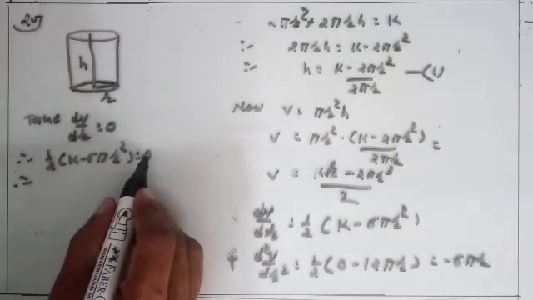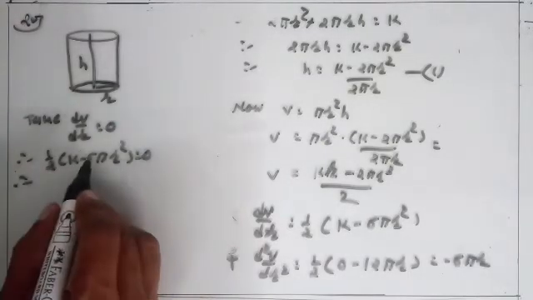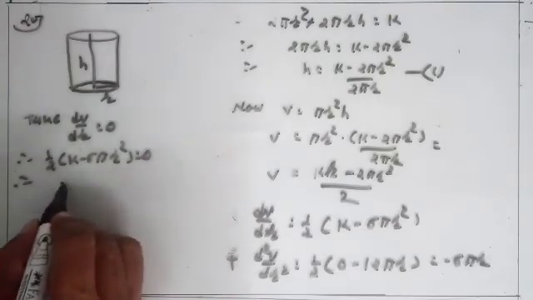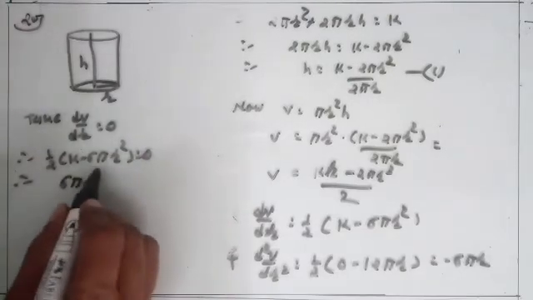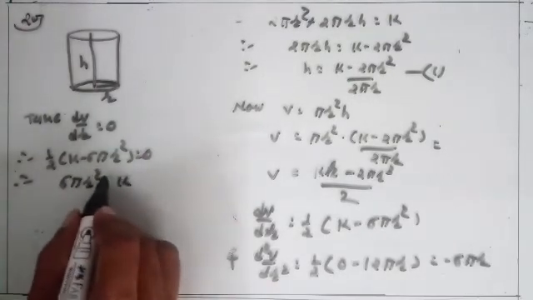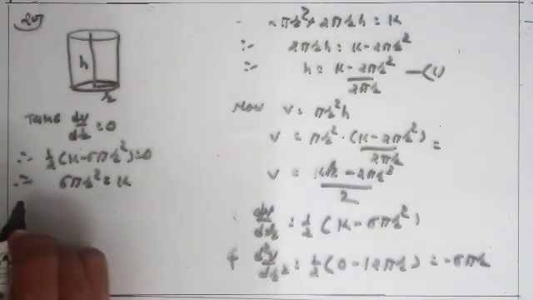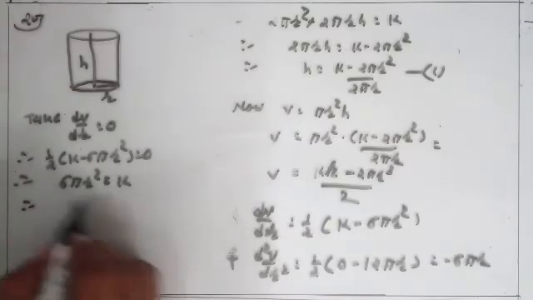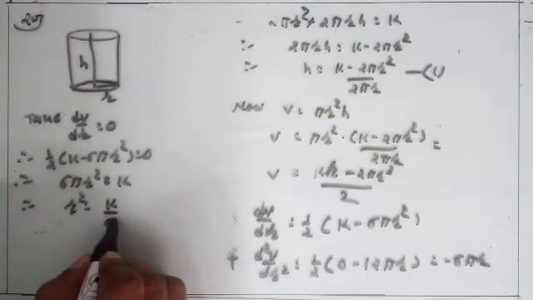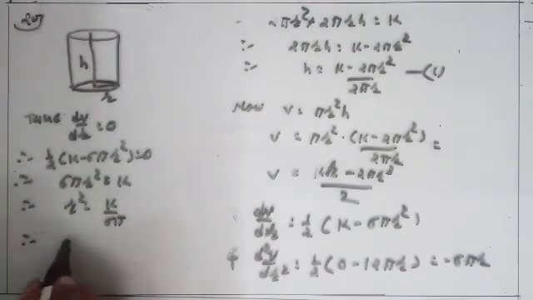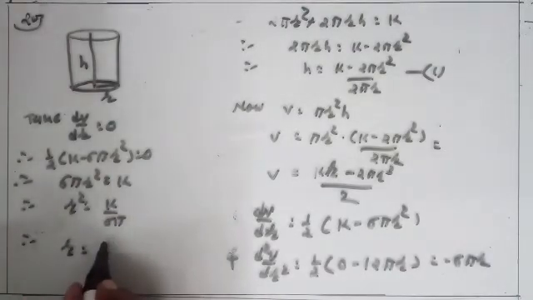Therefore 2 take this side, so it becomes 0. Here 6 pi r square take this side, so 6 pi r square is equal to k. Therefore 6 pi take this side, so r square is equal to k upon 6 pi. Therefore r is equal to root k upon 6 pi.